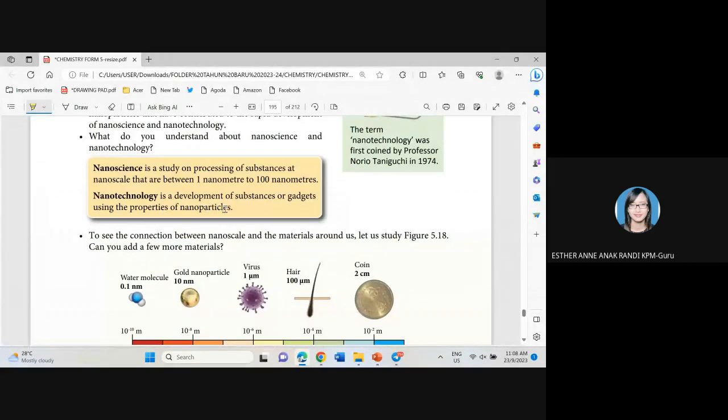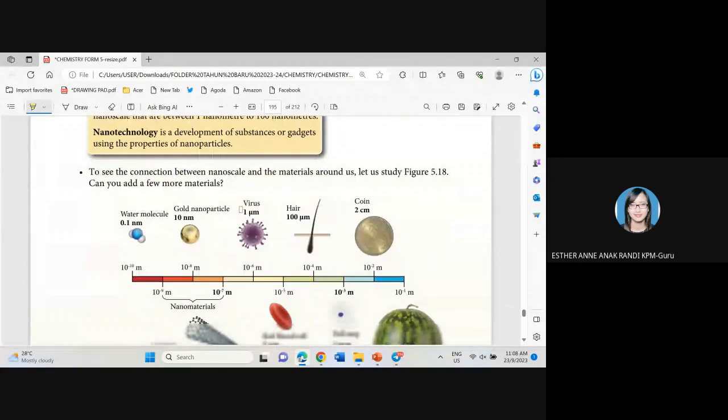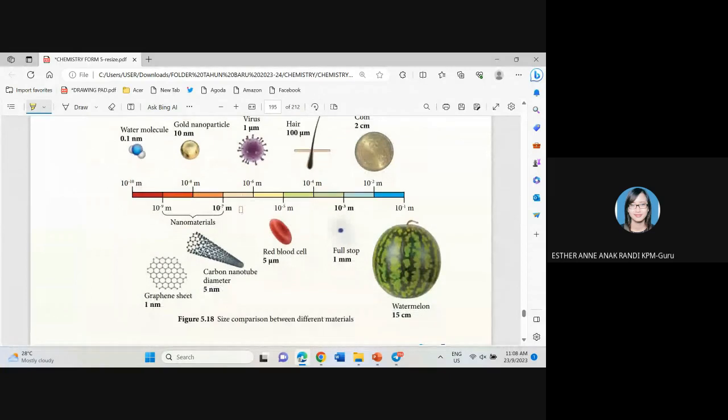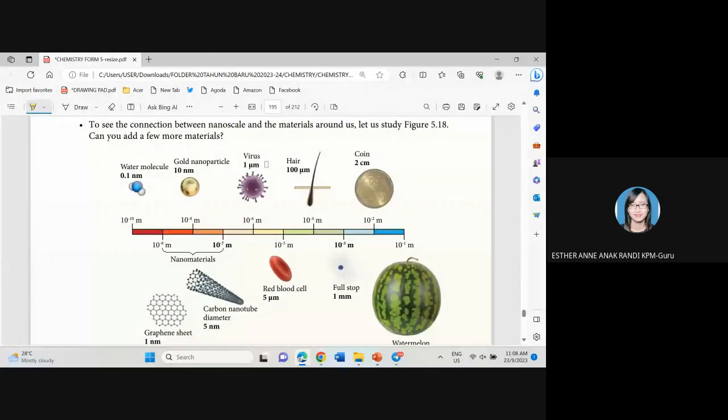Okay, so how small is nano actually? So we have this comparison here for us to visualize. Okay, kita guna mental video, mental image to visualize how is the size of nano. So imagine this is a regular watermelon, okay, yang bersize 15 cm. And then you have this 10 cm coin.